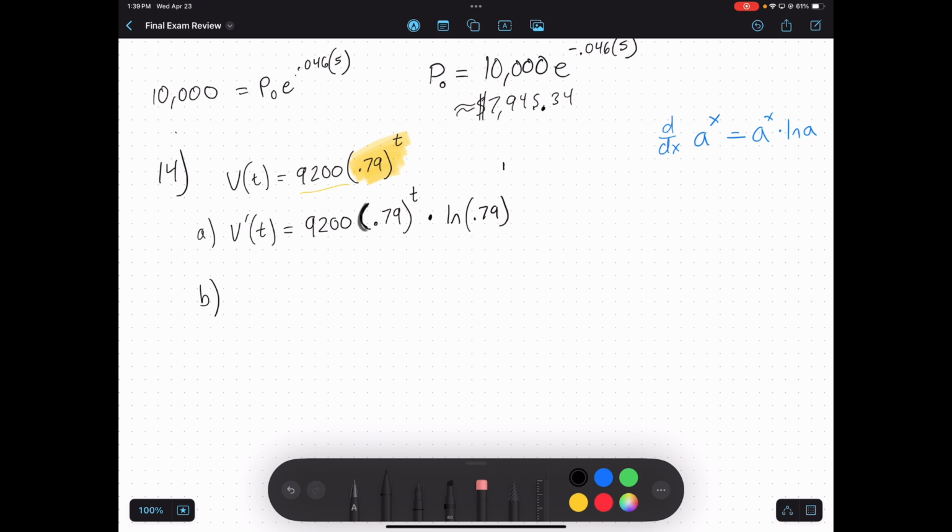What does this represent? What does v prime of t represent? Right, I'll write it out. So in order to understand this, first we have to understand what does my original function represent?